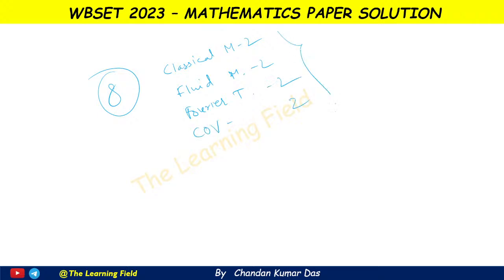These are most important questions also. I must say that the level of the questions from fluid mechanics is high level. And Fourier transform also, because the calculation is very big for the Fourier transformation problem. So this is the end of today's session.